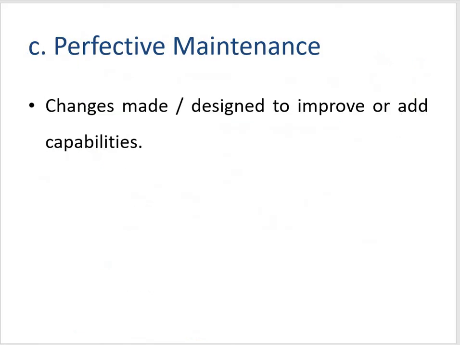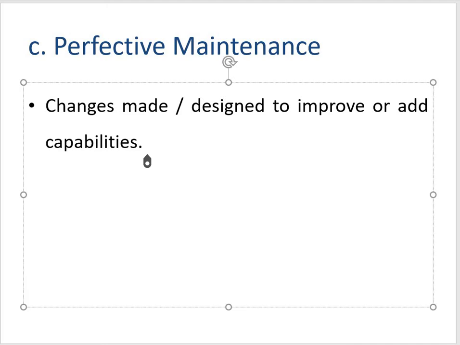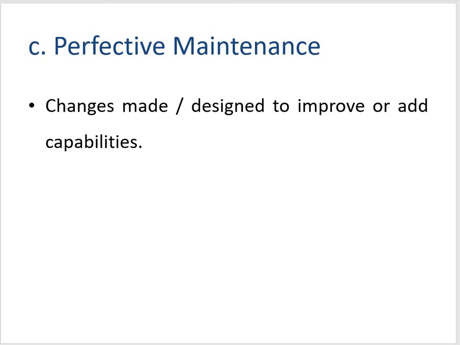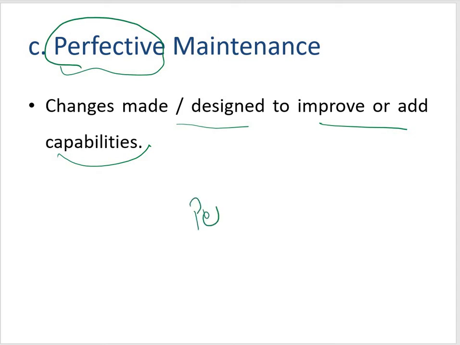Now next is perfective maintenance, basically the changes made, or you can say designed, to improve or add capabilities. From the title itself, right, we are trying to achieve perfection.